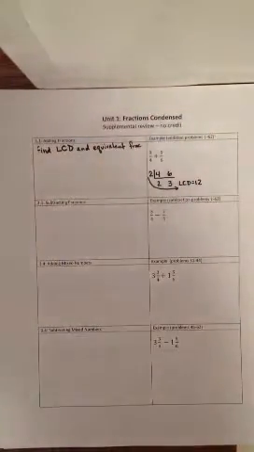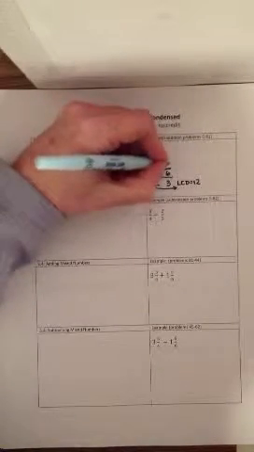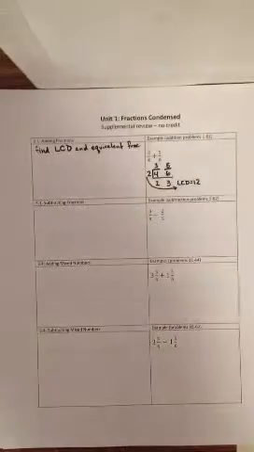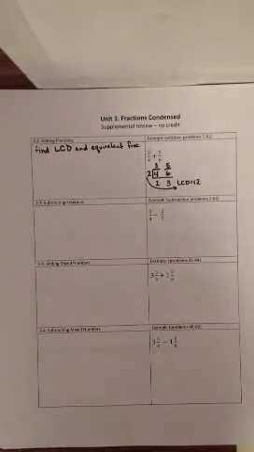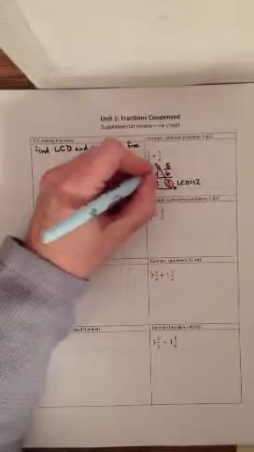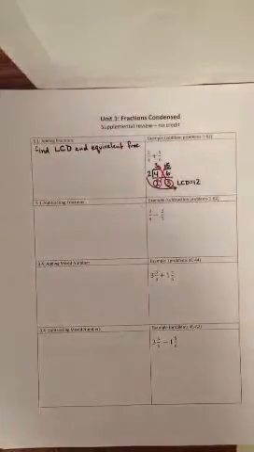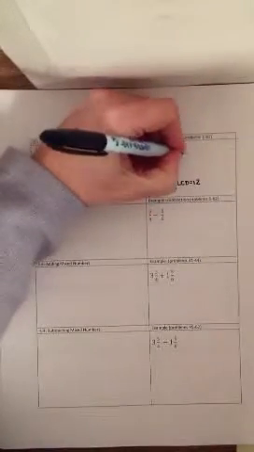And to find our equivalent fractions, we put the numerators back on top of the fractions and then multiply diagonally. So my new denominator for both fractions is going to be 12.